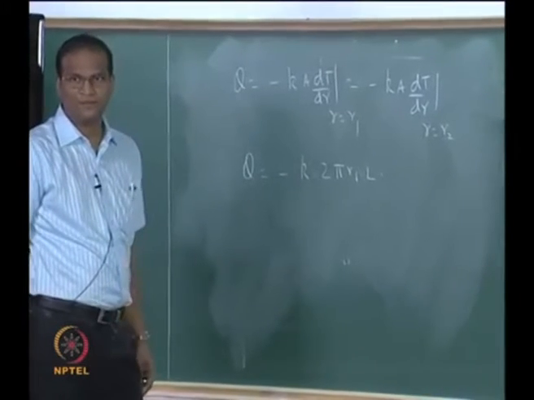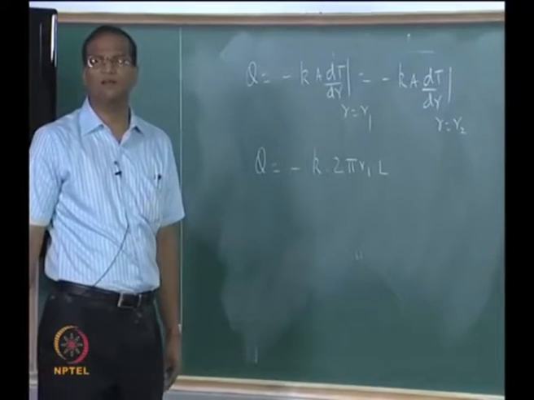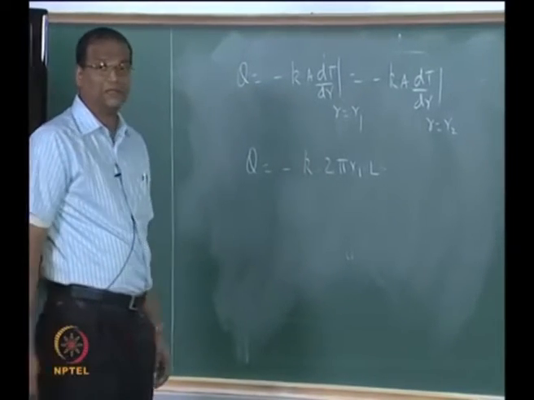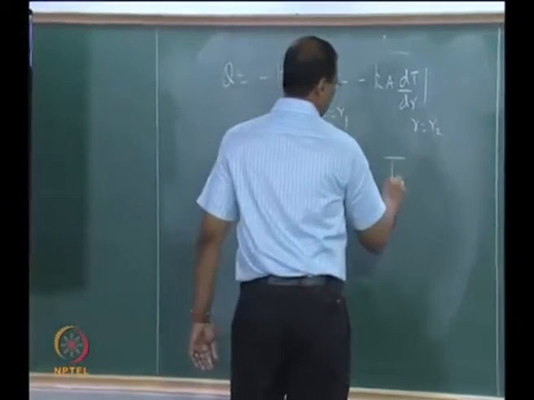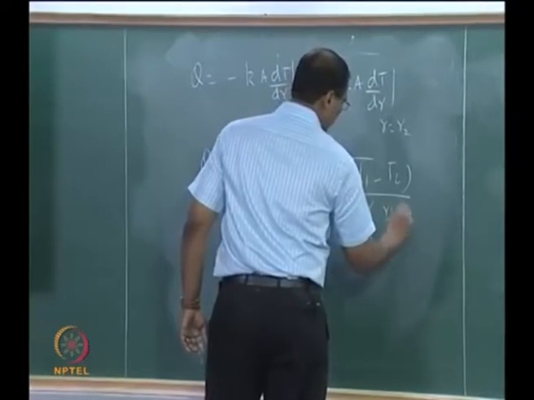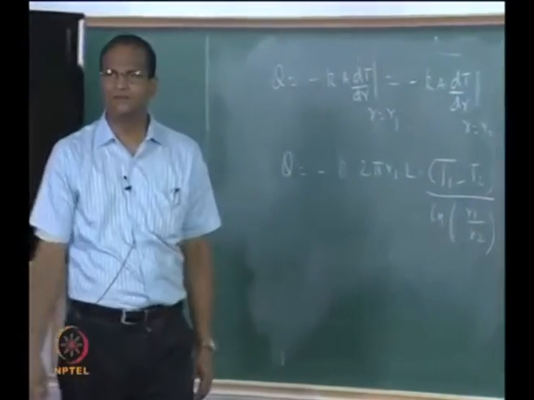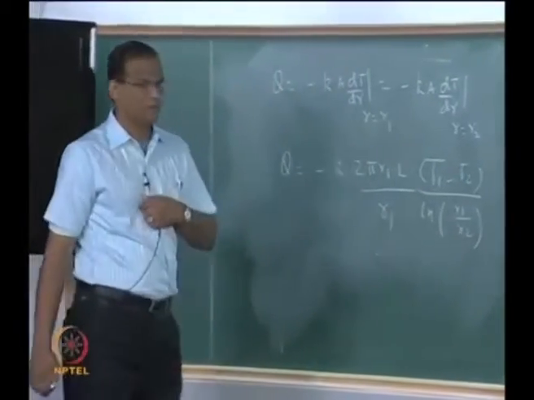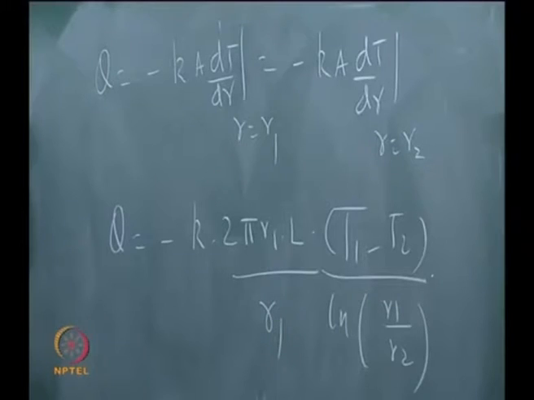Okay, dT by dr at r1 is A by r1. What is A? T1 minus T2, by r1. I can take care of the minus sign by writing the denominator as ln of r2 by r1.